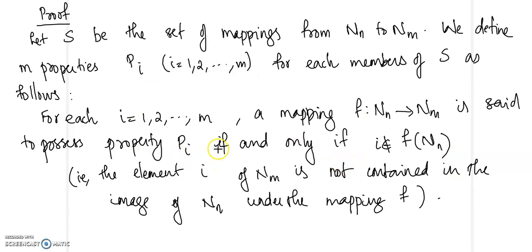So the property Pi means i must not be contained in the image set.